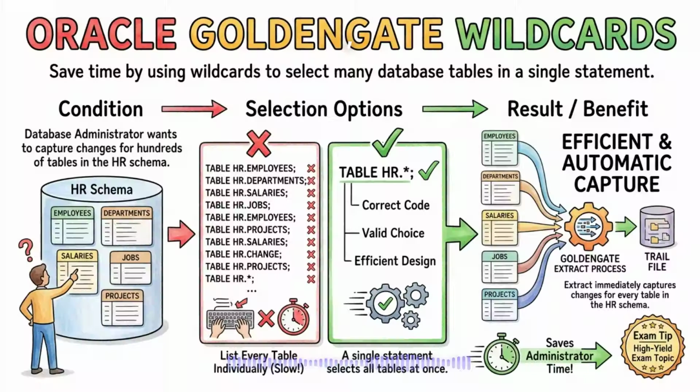Starting your processes in the correct order is a mandatory procedure for ensuring a smooth initial synchronization. First, you start your primary Extract process to begin capturing changes, even though the target database is not ready yet.